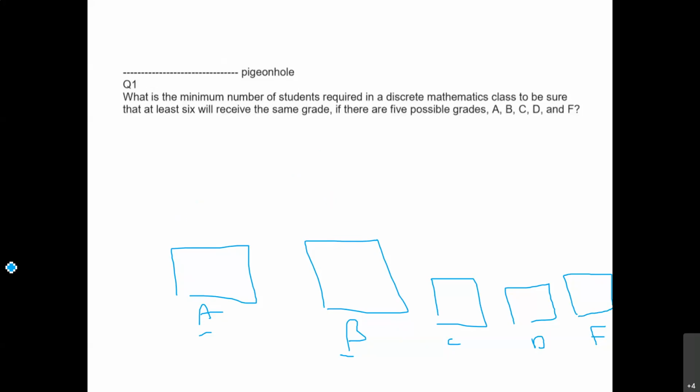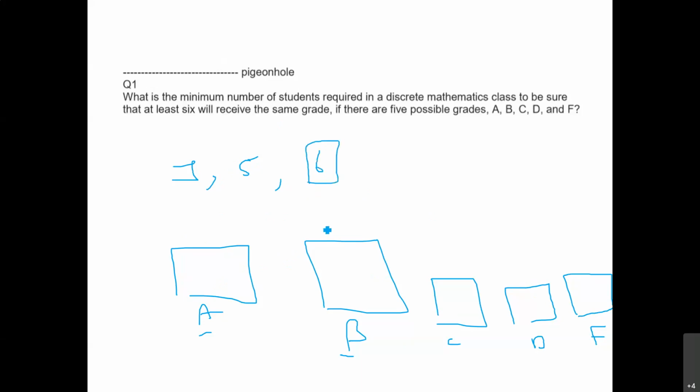Okay, so if you'd like, you can start off with the minimum. If I only have one student in this class, they're going to get one of those grades. So that's not enough. If I have 5 students, that's also not enough. Let's say you have 6 students.